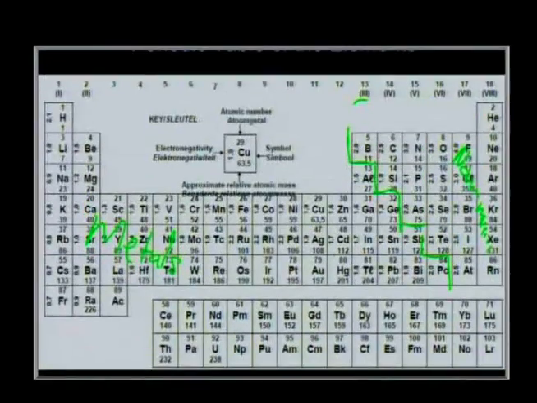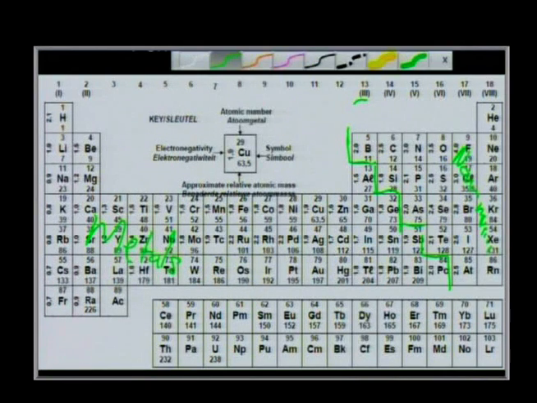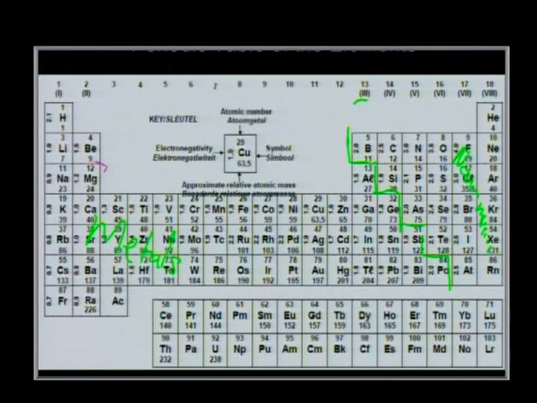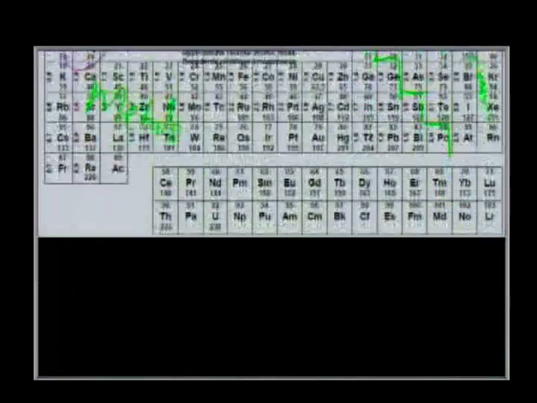So if we take a look at a metal, for example, let's focus in on one of my favorite elements, magnesium. So number 12 on the periodic table, magnesium. Now, notice it has an atomic number of 12. That means it has 12 protons and 12 electrons.